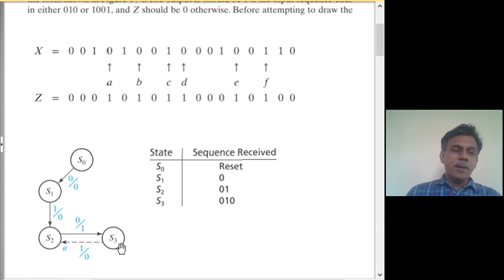Now, we can do a little bit more. Suppose it is not only that the pattern 0, 1, 0 has occurred, it is followed by an overlapping pattern of 0, 1, 0. That is, this 0, 1, 0 is overlapped by another 0, 1, 0, and this overlapping can go on forever, which means that at all these zeros we should produce a 1.